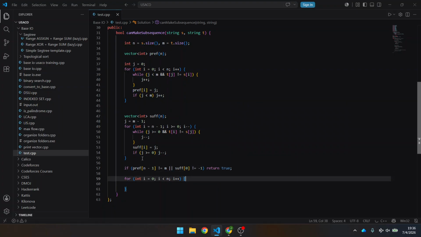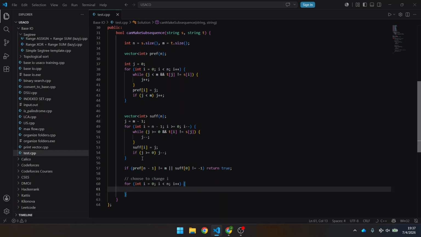So otherwise you have to change something, so choose to change i. So this is the ending, right? It's the ending. If i is 0.